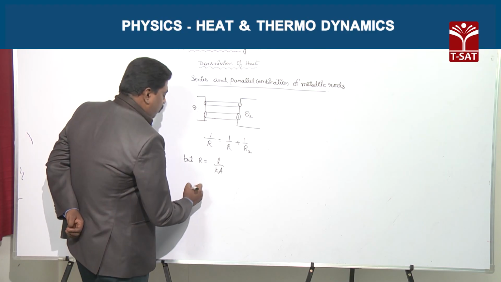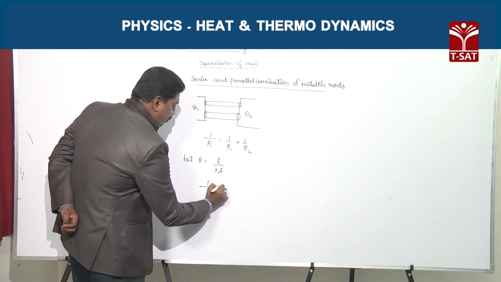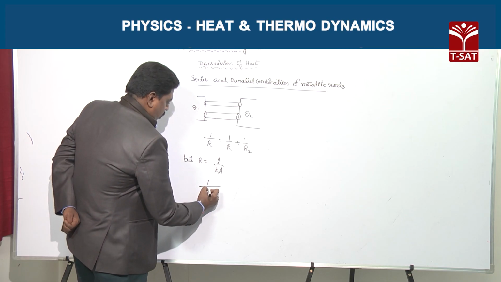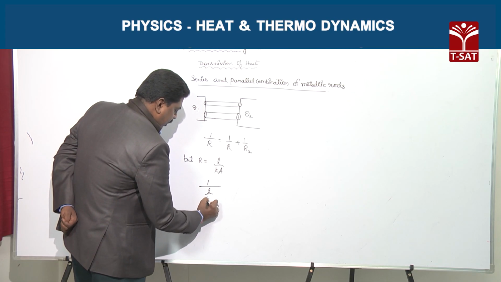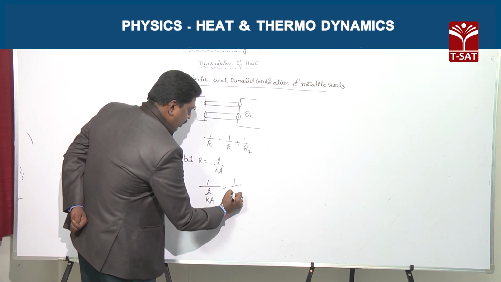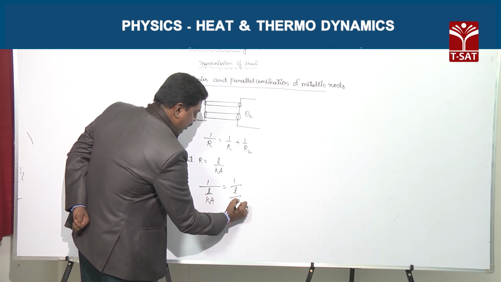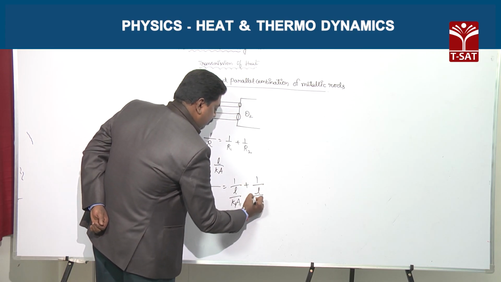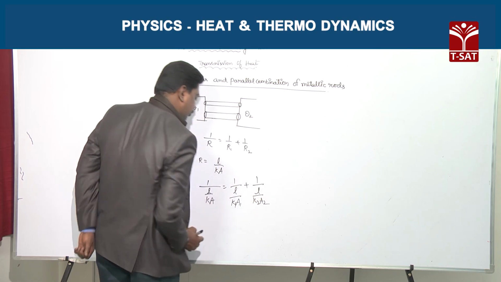On substituting, we have 1 by (L by KA) equals 1 by (L by K1A1) plus 1 by (L by K2A2).